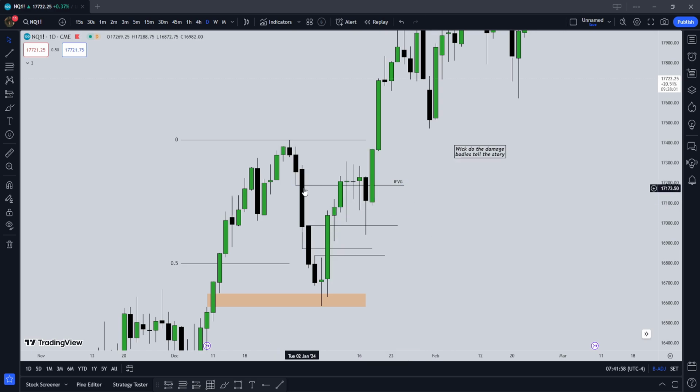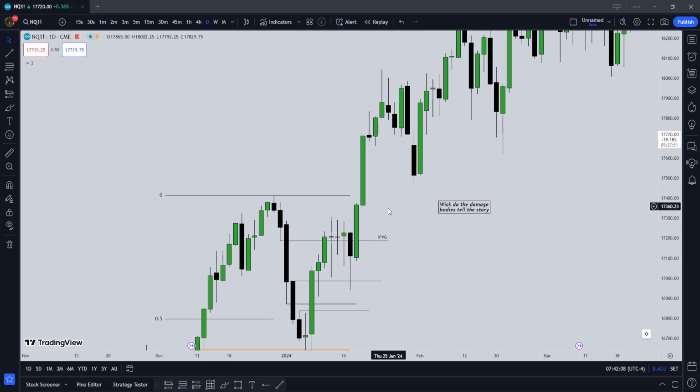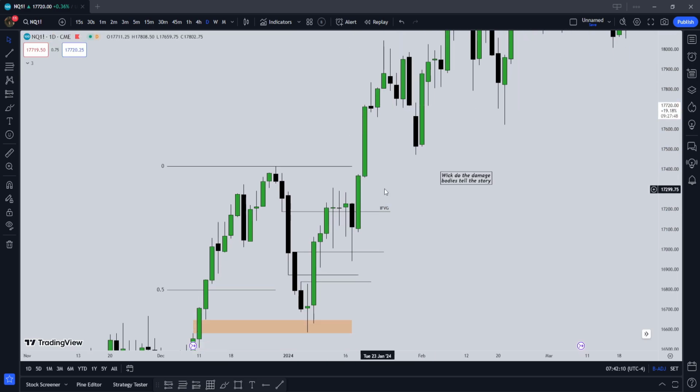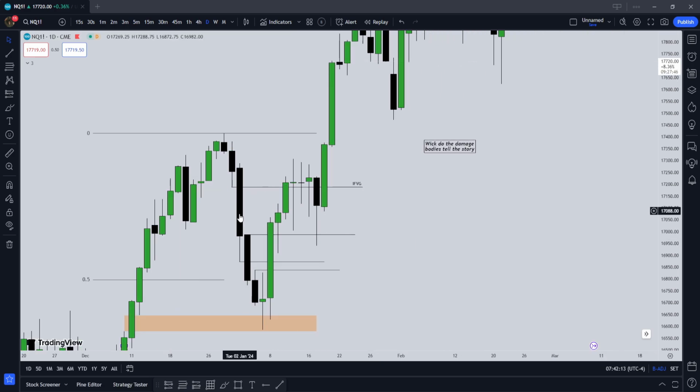Note that, guys. We disrespected, look, the body of this candle closed above this, so this became an inversion fair value gap. We used this as a support, and we continued our way to the upside. How did we use this as a support? Yes, we traded below this inversion fair value gap, but wicks did that, not the body.